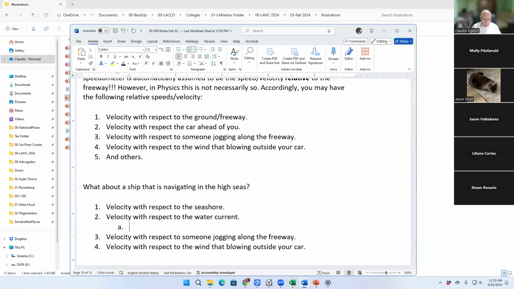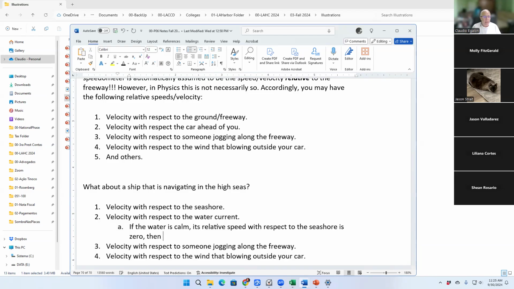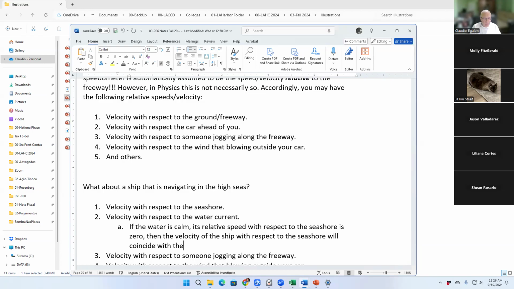If the water is calm, if there is no water current whatsoever, in other words, its relative speed with respect to the seashore is 0, then the velocity of the ship with respect to the seashore will coincide with the relative velocity with respect to the water current, right?